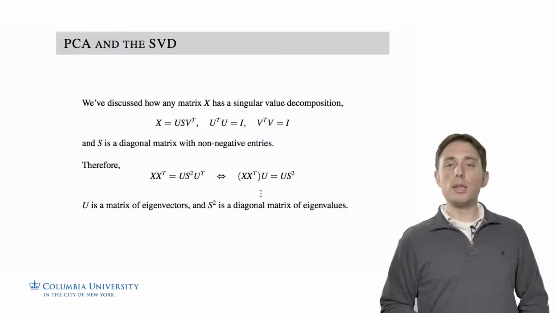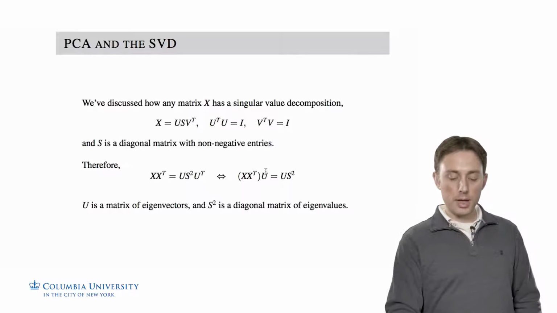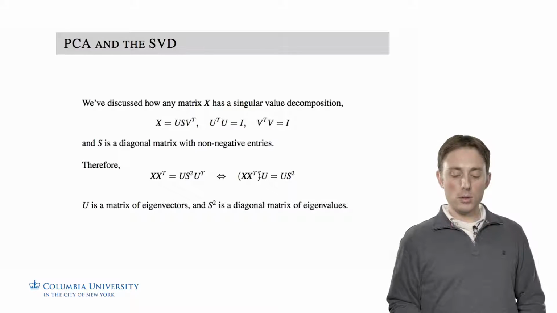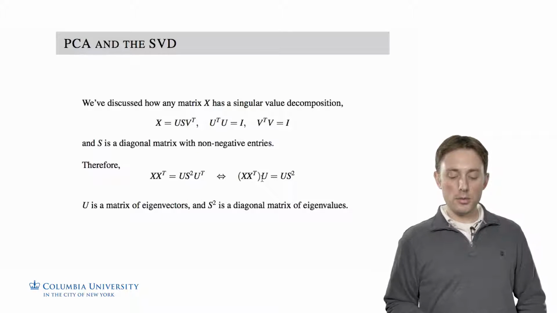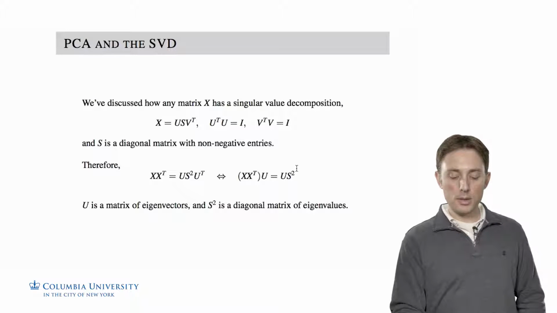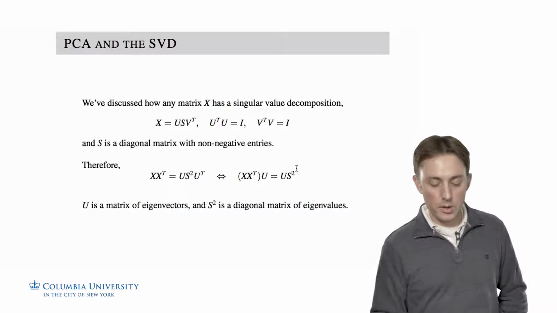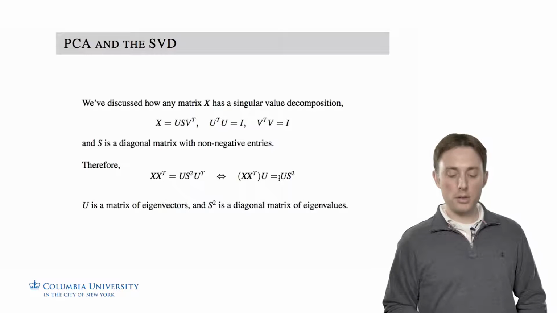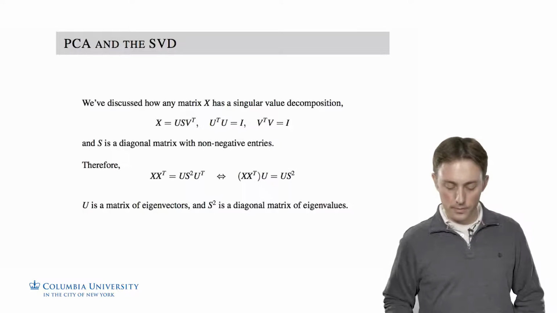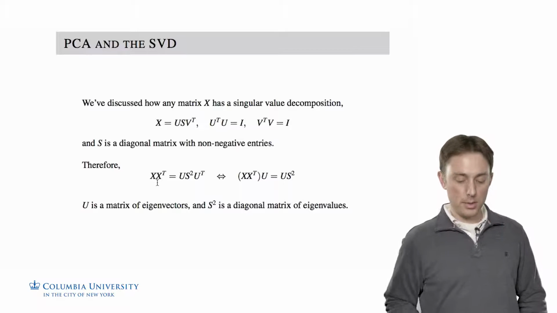Remember the representation from a previous slide where we had lambda and Q. Now we have those eigenvectors along the columns of U, and we have the lambdas along the diagonal elements of S squared. So U is the matrix of eigenvectors, and S squared is the diagonal matrix of the eigenvalues for our eigendecomposition of this matrix.